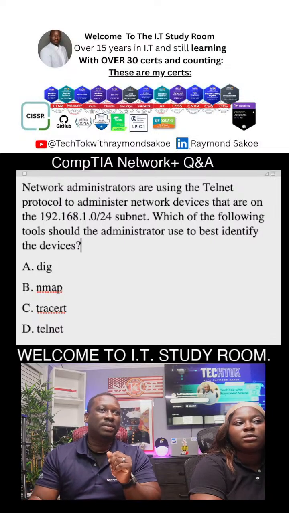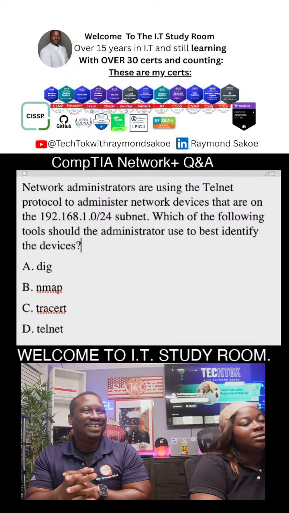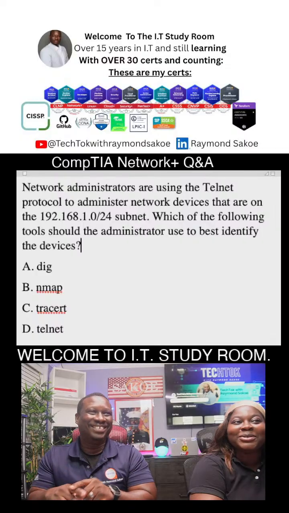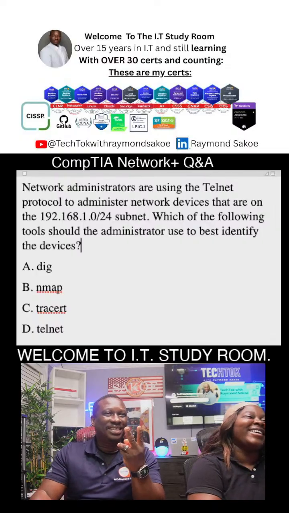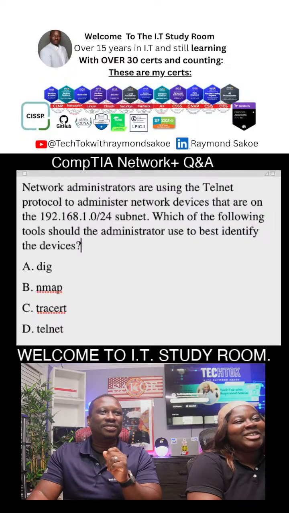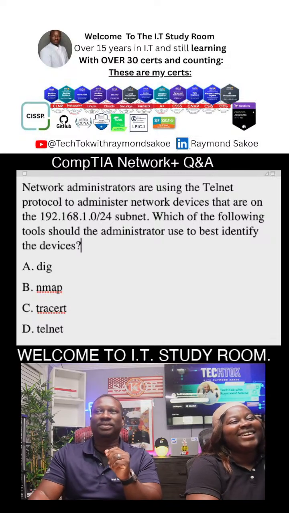Do you remember the port number for Telnet? Oh, wait, 22? 23 is SSH, right? Oh, 22. Okay, that's close. So Nmap would be the ideal tool to use.